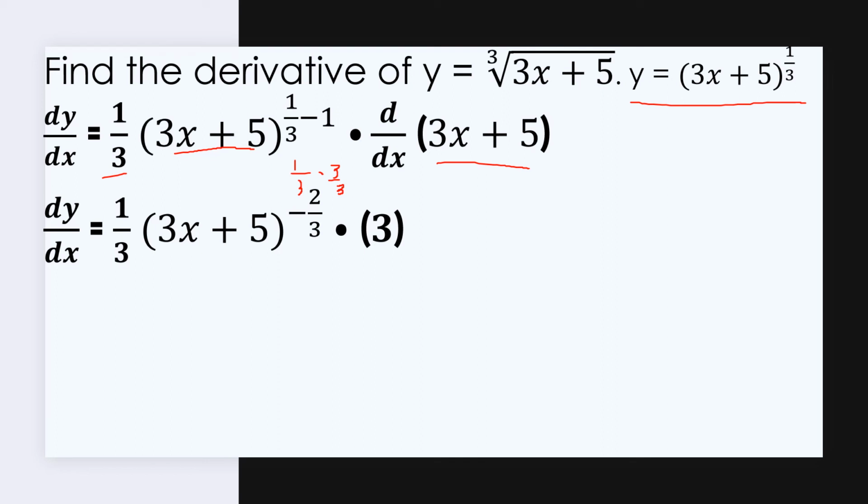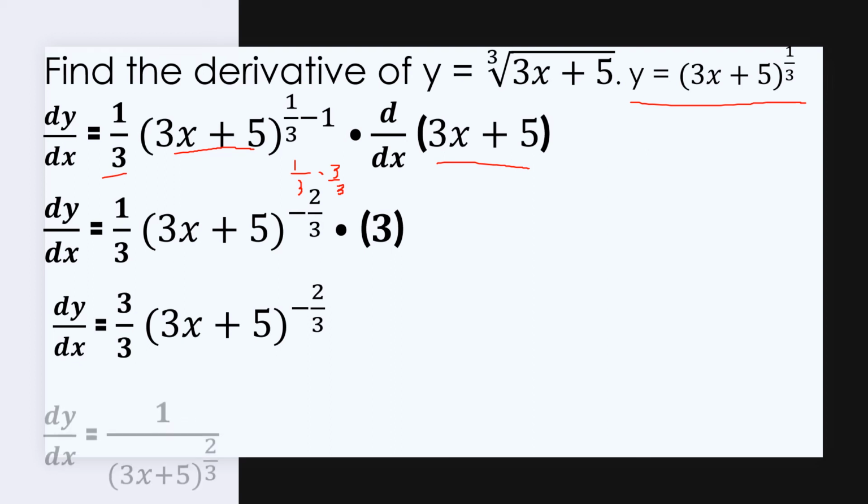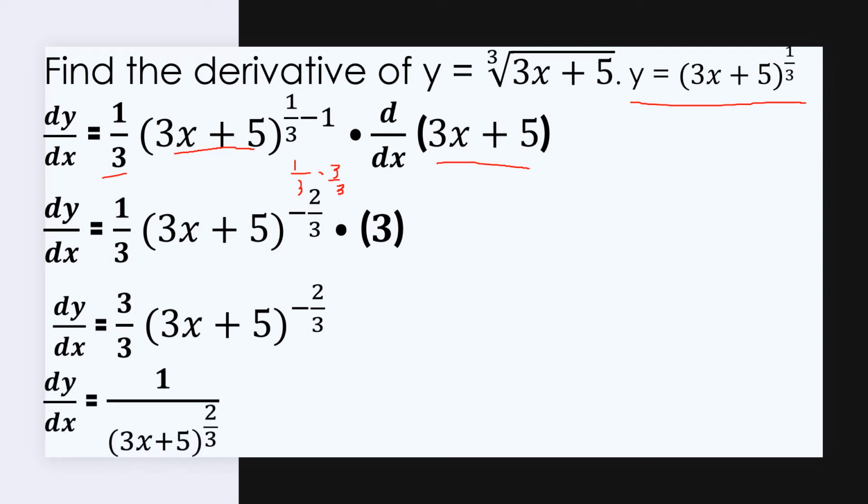So 3 times 1/3 gives 1. No negative exponent, so move it down. The answer is 1 over (3x plus 5) raised to the power of 2/3. Again, 3 over 3 is 1, which is why it disappeared.